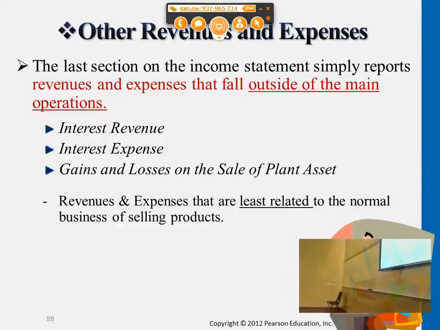We only group these expenses and revenues in the very last category, right before net income. These are the expenses and revenues that are least related to daily selling transactions or purchasing transactions.